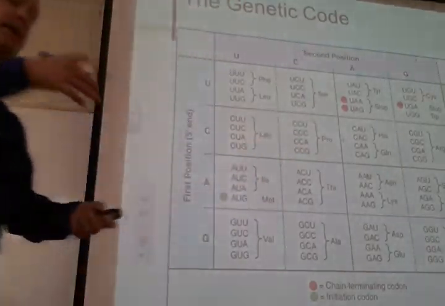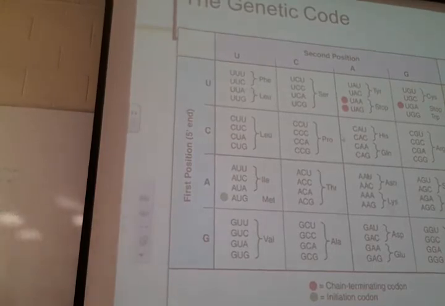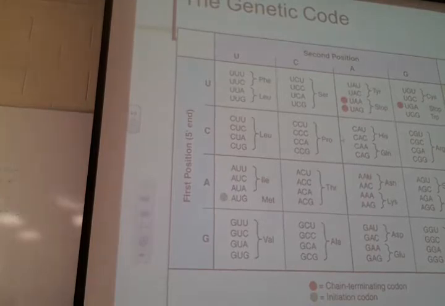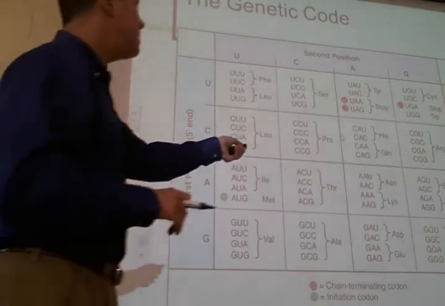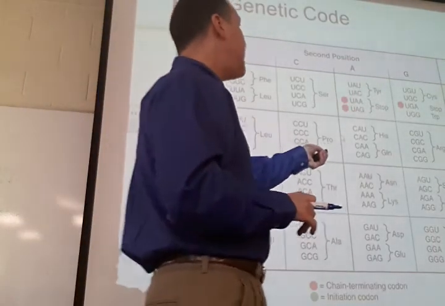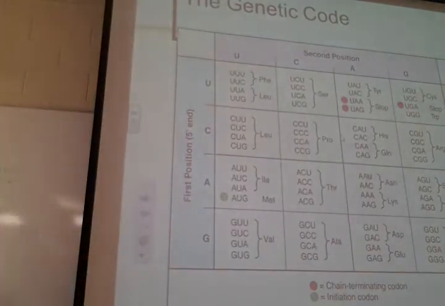As they're making the protein, and we'll study how that happens next week, there needs to be a stop signal for the ribosome to know where the information to make the protein ends. So there are translational stop signals, and they're all up here: UAA, UAG, and UGA are the stop codons.